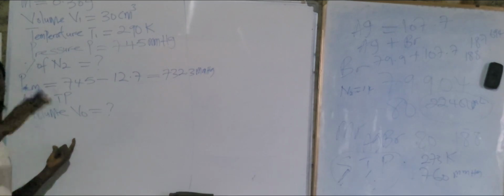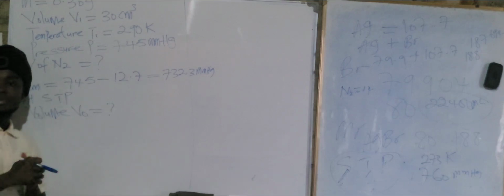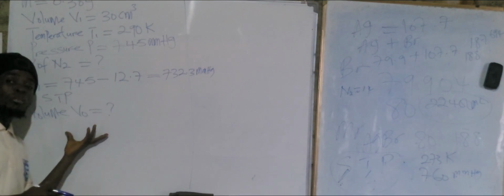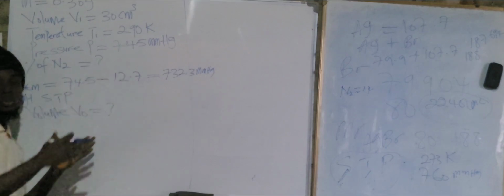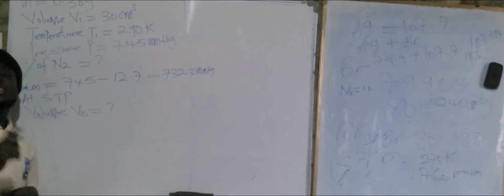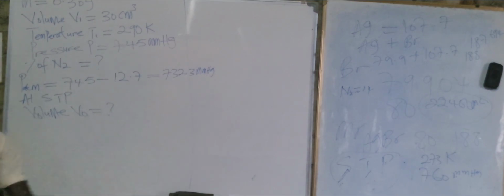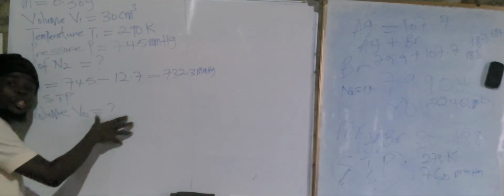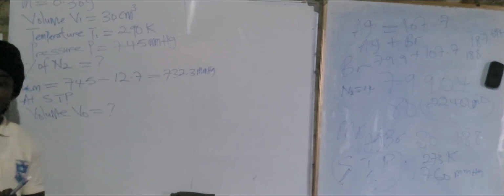To find the mass of nitrogen, we make use of the volume at STP, all upon the constant 22400, and multiply by the relative molecular mass of nitrogen. That is the reason this is our question, because it is not known.